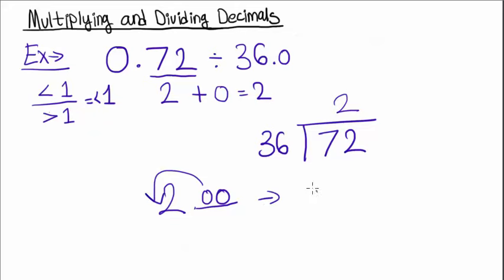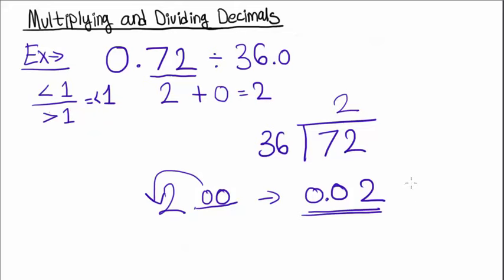So when I do that, I get 002. And now I know, referring back to the beginning of this problem, that there has to be two numbers after the decimal point. So I put the decimal point right over here. And so I get my final answer as 0.02.